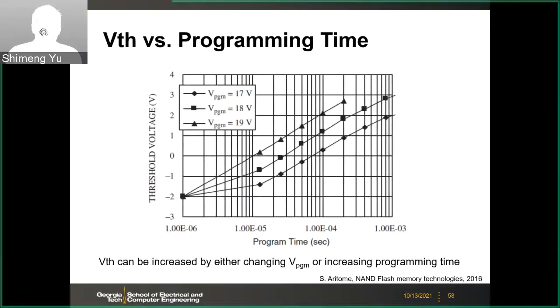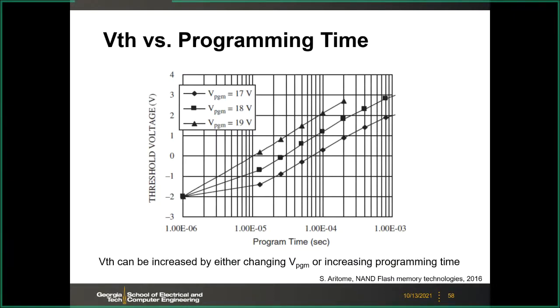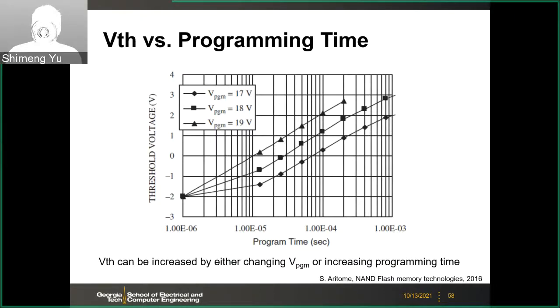Okay, so then let's talk about what makes the VTH tunable. Essentially the multi-level cell, or the MLC, TLC, QLC, rely on the VTH distribution, and you want to create more levels in the VTH distribution. The VTH of the floating gate transistor can be modulated by programming time and programming voltage.